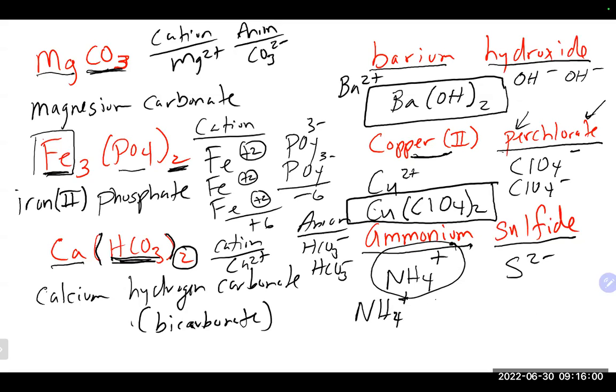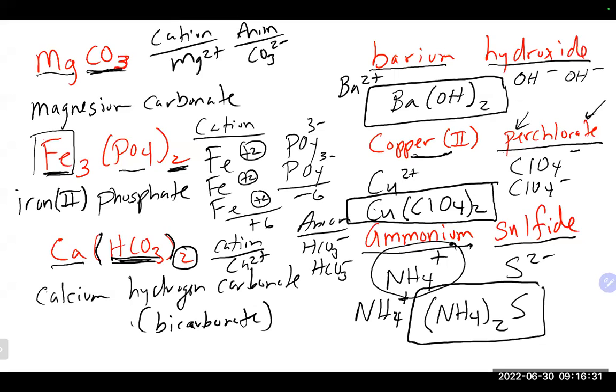That means we're going to open up with parentheses here, NH4, and we need 2 of them, and 1 sulfur there will do us, and we'll end up with (NH4)2S. Any questions on polyatomic ions? Again, for the most part, they really do sort of fall back to type 1 and type 2 naming because they will find themselves pretty much hooked up with a metal most of the time. Any questions on any of that?